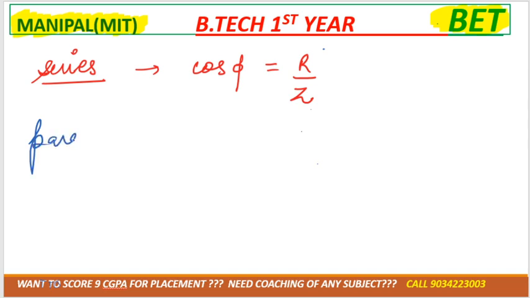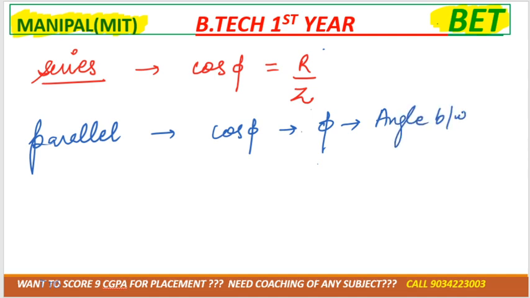But whenever we'll have the parallel circuit and we need to get cos phi, how we can get phi? We need to get the phi value only. For that, what is phi? Phi is the angle between voltage and current, or whatever the impedance angle you'll have, that is phi. ठीक है?